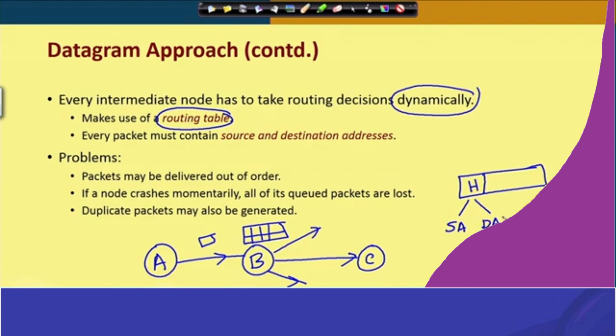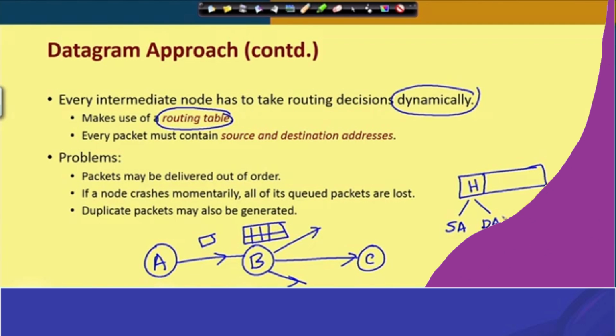Just like when you post a letter, you give the address where you want to send it, and in case the letter cannot be delivered, you also give your own address so that it can come back to you. In the header there is other information also, but the most important are the source address, of the person who is sending, and the destination address, where you are sending.